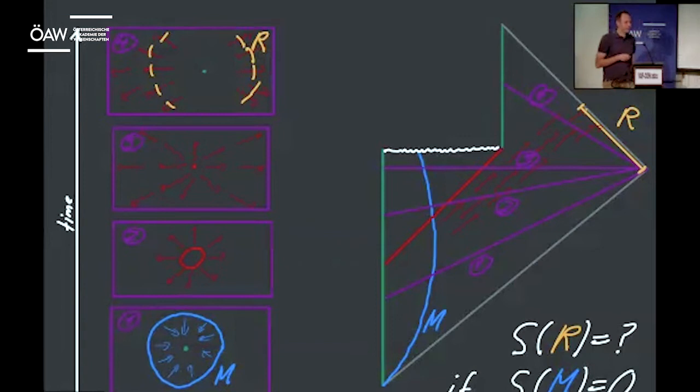I will always show them in orange. So maybe you should remember: blue is always the initial thing, it's the matter, and the orange thing is the detector. And this little triangle that you have seen on the left is always the interior of the black hole. That's the only thing you need to know. Interior, initial state, final state of the radiation.